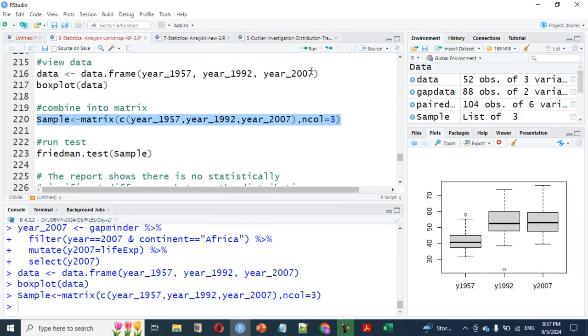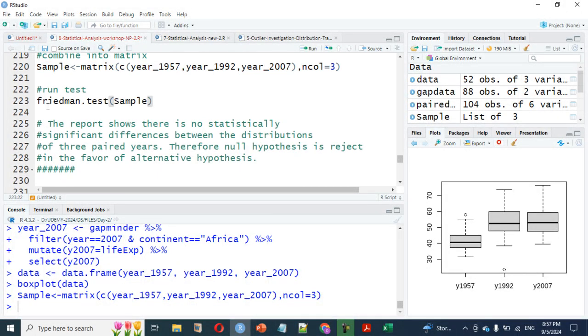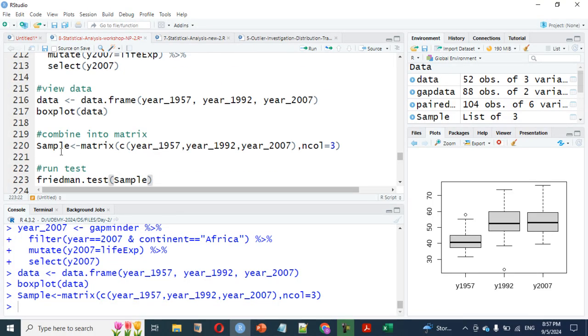So we run this line of code. You can see it's already created. Now let's run our test, friedman.test, and we pass the sample here. So that's what we are doing now. Don't forget, if you want to check the sample, you can run this line.